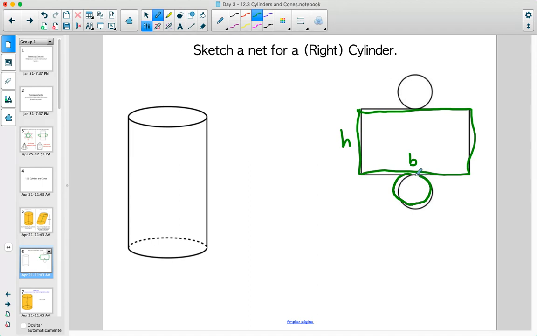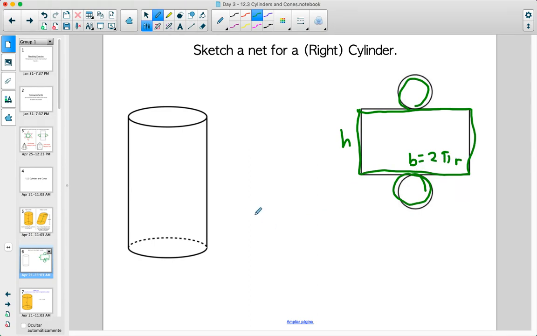And remember, the perimeter of a circle is just the same thing as the circumference of a circle. So what we're going to do is to find the area of the rectangle or the lateral area. We're going to do base times the height, but the base is actually going to be the circumference of the circle because it wraps around the circle. So the circumference, remember, is 2 pi r, and then that's it.